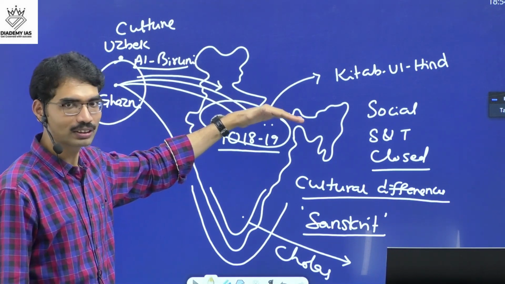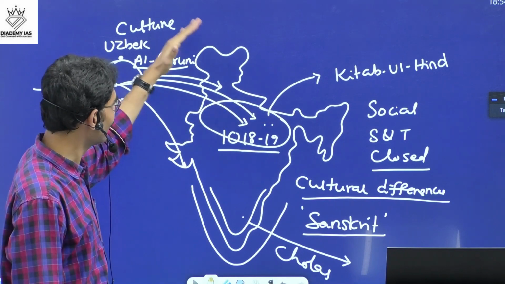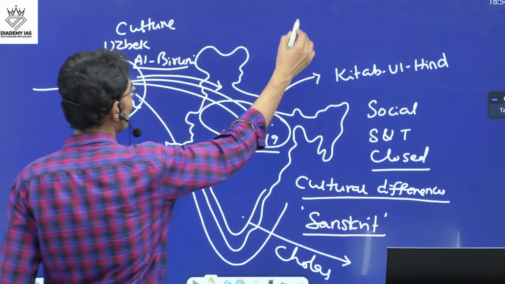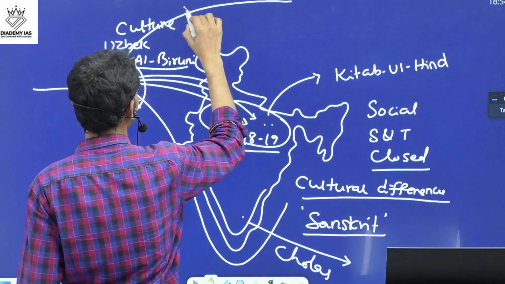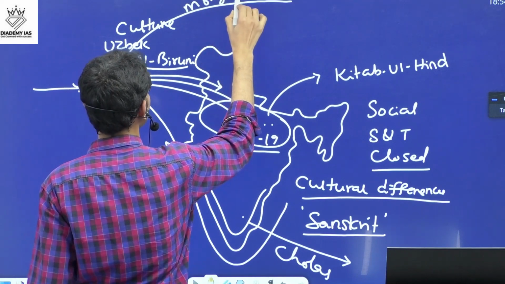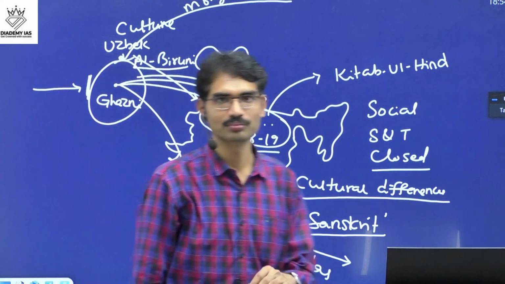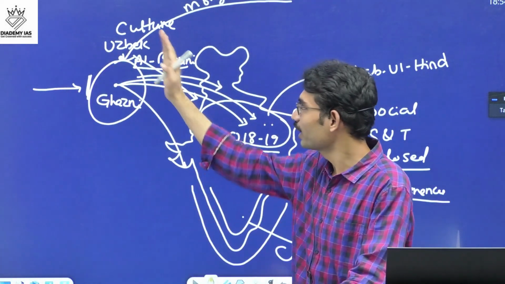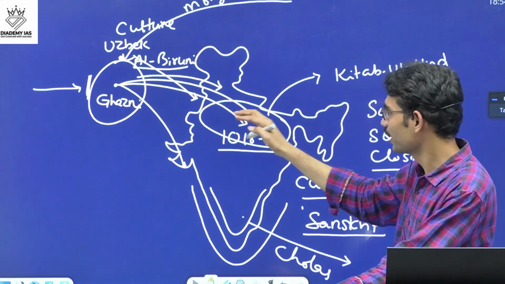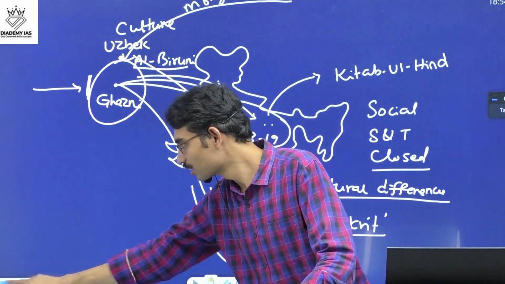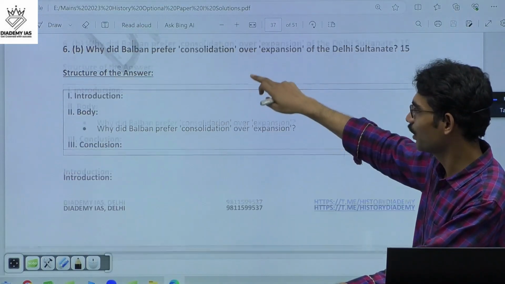During Balban's time period, Mongols were continuously attacking all the territories, and they were also trying to make inroads here. When Balban was here, he had to stop these people. That is why just mention under what circumstances he was there.